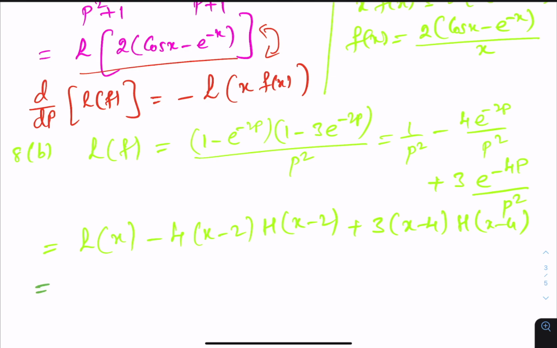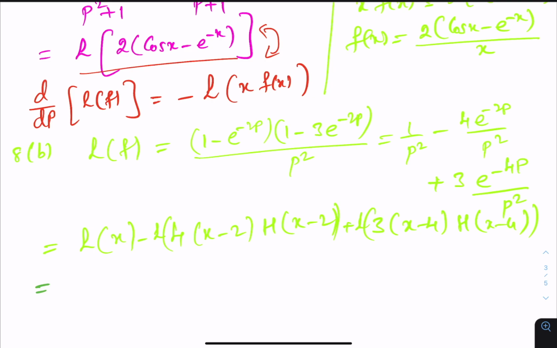Okay, so by linearity, I missed something here. Let's erase this. So what we have is minus L of this plus L of this, right? That's what we have.